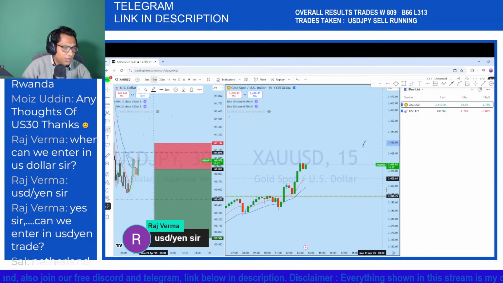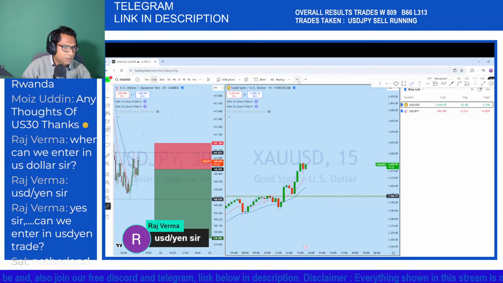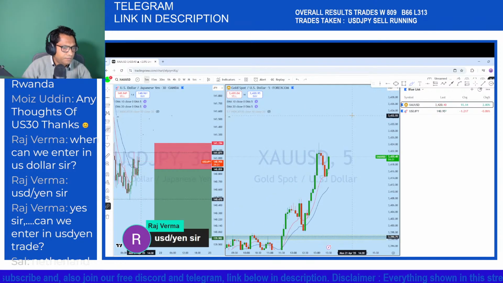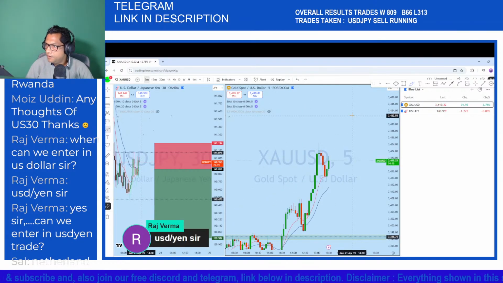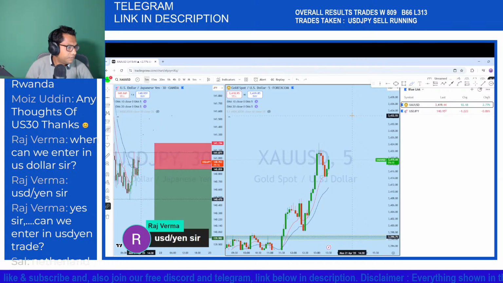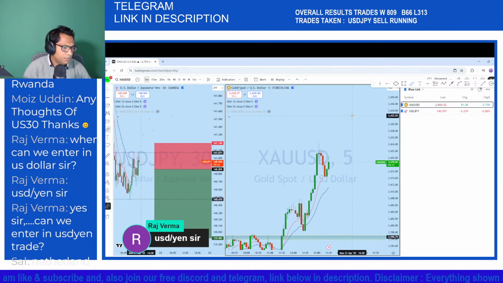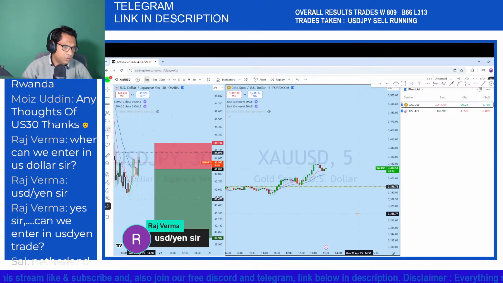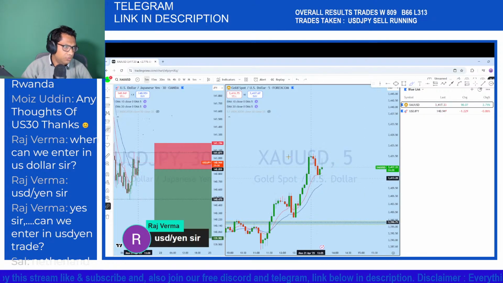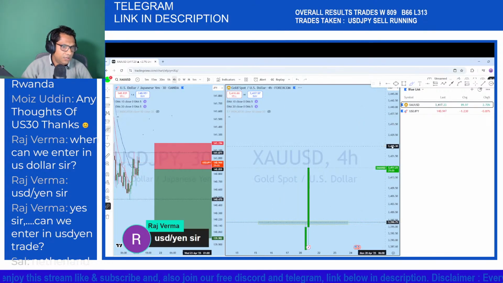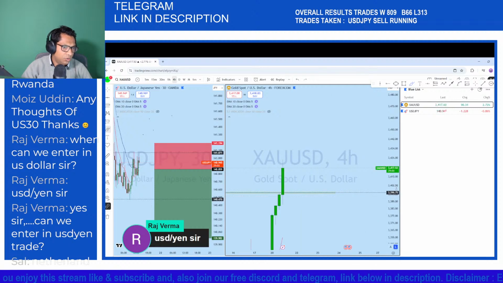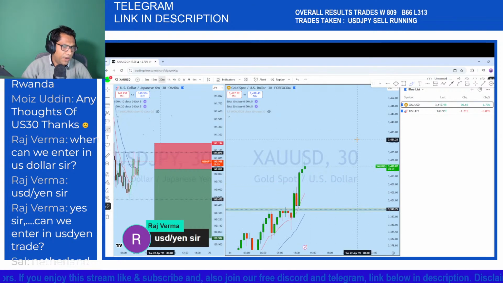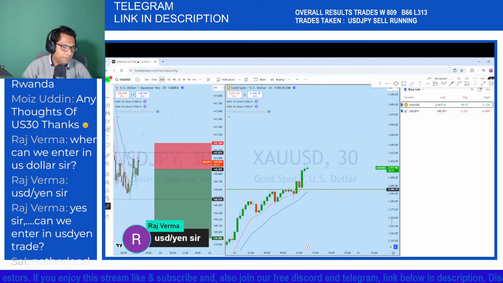Lower time frame also you can see they're in a trend. To enter any trade, we would like to see that it has managed to test the 4-hour support and then to trend back again in the major direction.